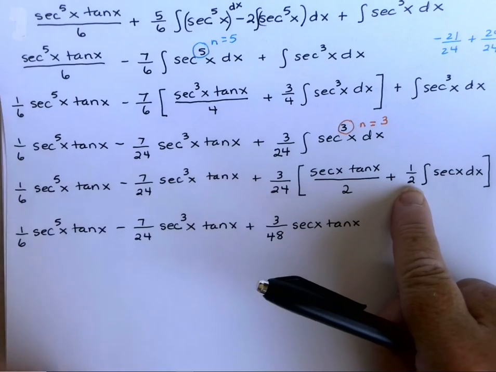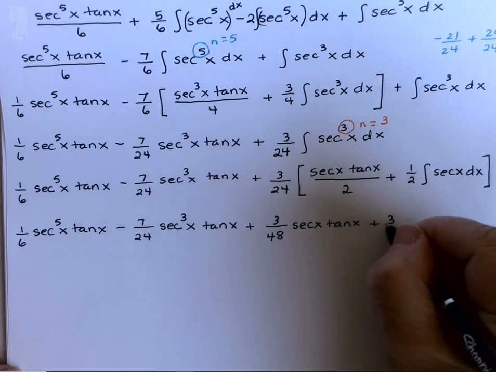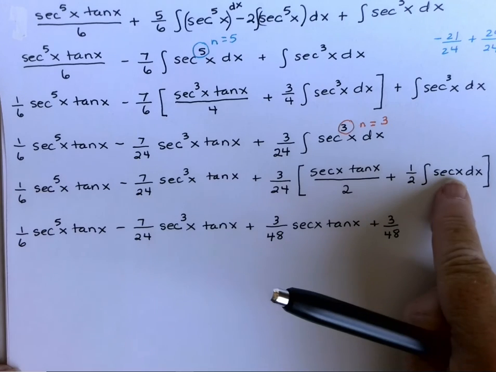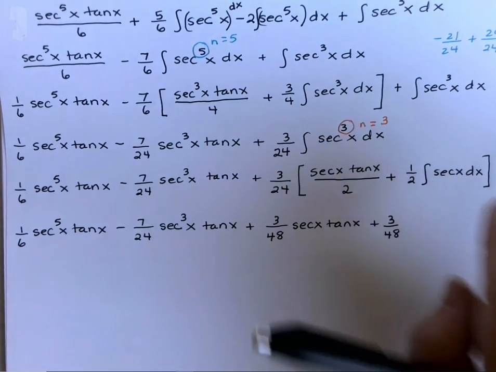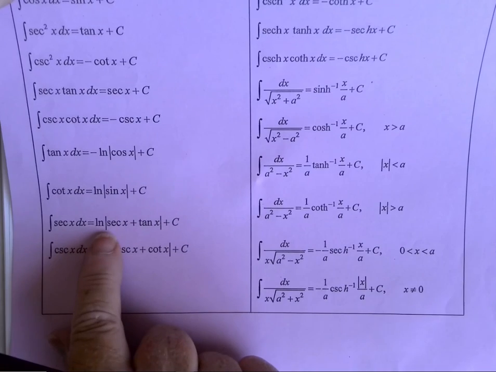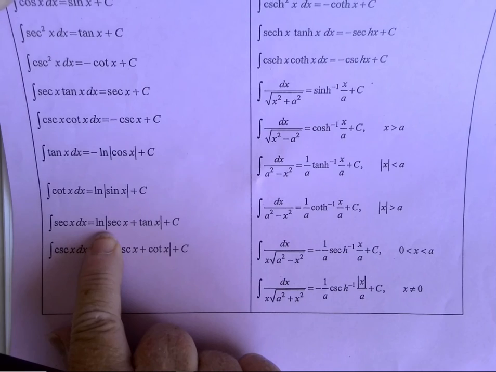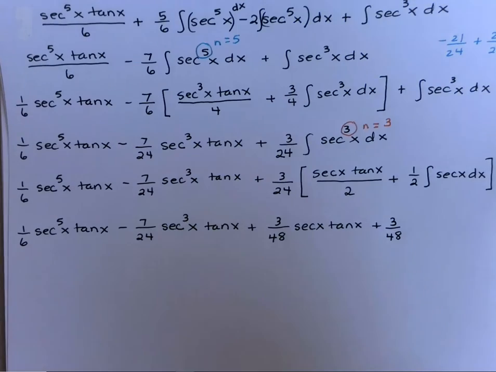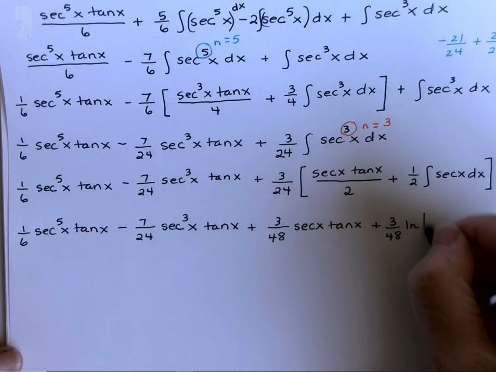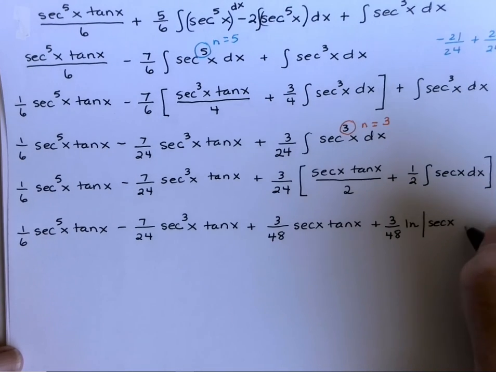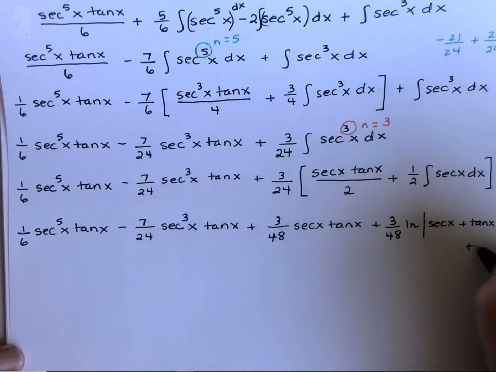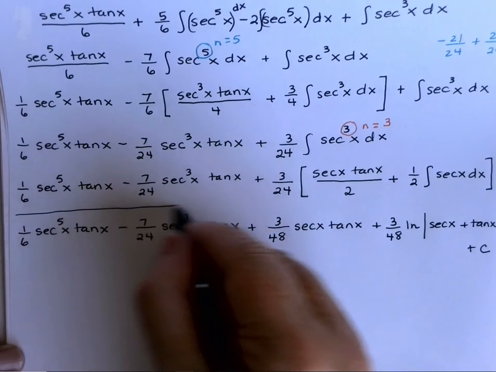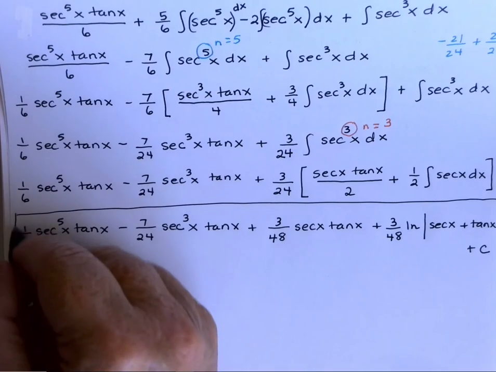This will also become a plus 3/48. And there's that same integral of secant x. Just a reminder again, that's on our list. It's the natural log of secant x plus tangent x, plus c. There in all its glory is our final answer.